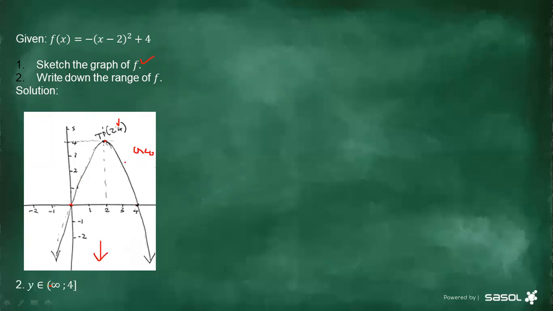But as for the parabola, it will always be a square bracket for this number, not for the infinity sign. For infinity, I said you use the round bracket. The reason we use a square bracket is that you can see the graph is turning exactly at +4 there. That's where the graph turns, right? So 4 is part of that. Hence we say square bracket.